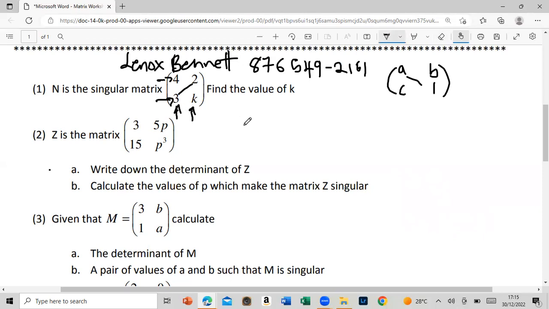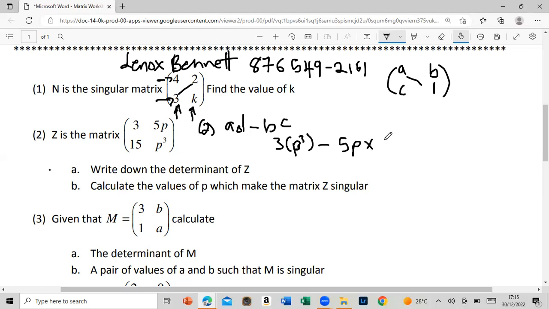So the determinant is defined as AD minus BC, just put the numbers there. So let's go now. It's 3 times P cubed minus 5P times 15.